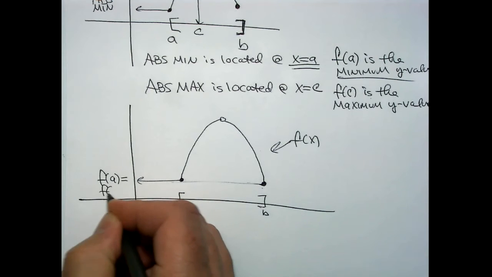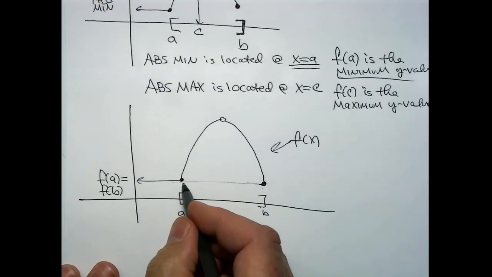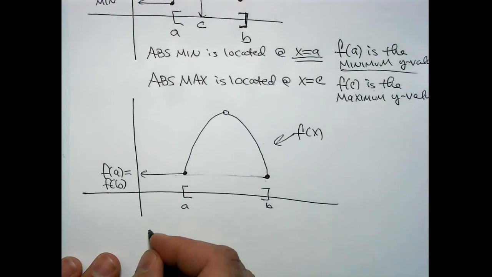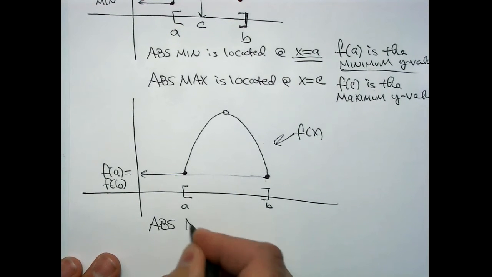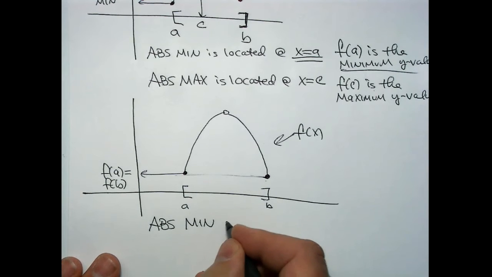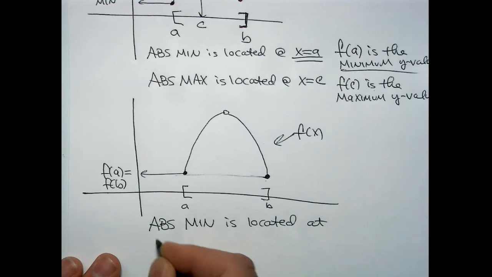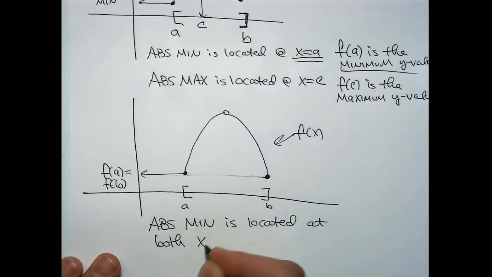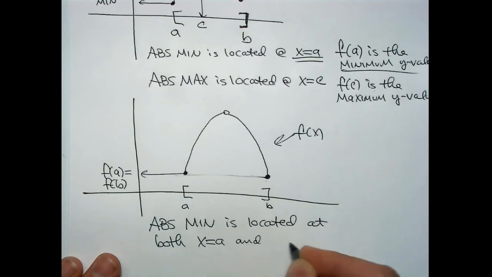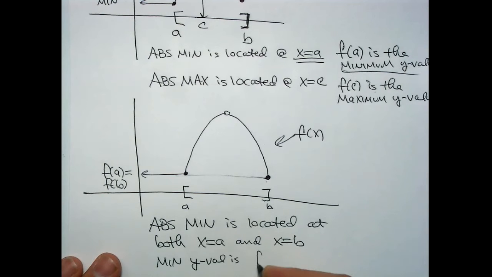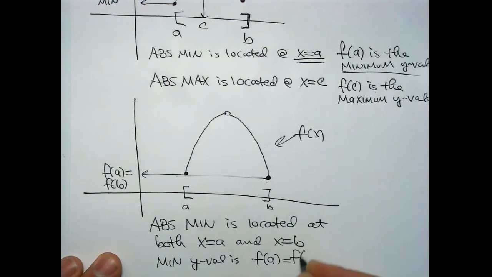It's also the f of b. If you want the lowest y value, I guess you can use either. So the absolute minimum is located at both x equals a and x equals b. The minimum y value you would get on this interval is either the f of a or f of b. It doesn't really matter.